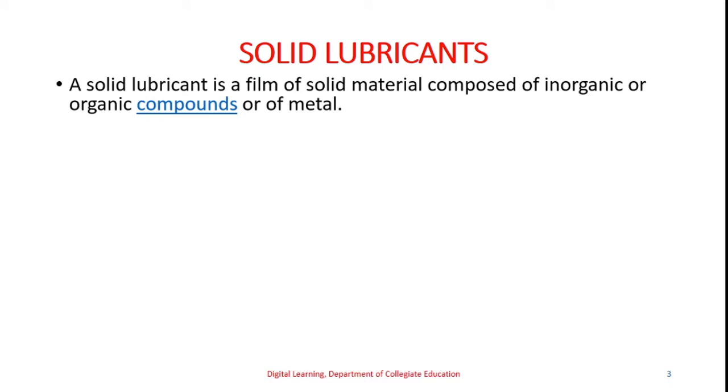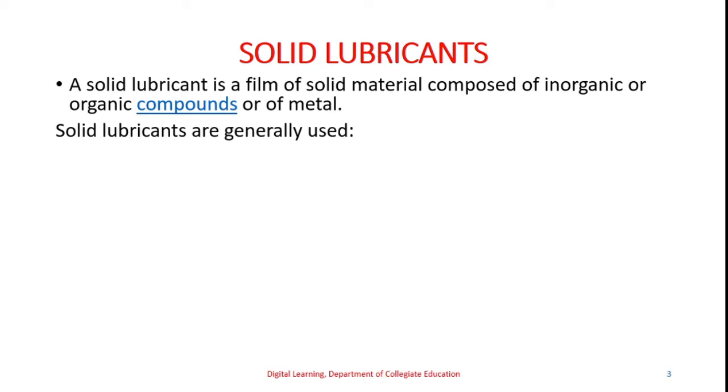A solid lubricant is a film of solid material composed of inorganic or organic compounds or of metal. These lubricants reduce friction by separating two moving surfaces under boundary conditions. They are used either in the form of dry powder or mixed with water or oil.